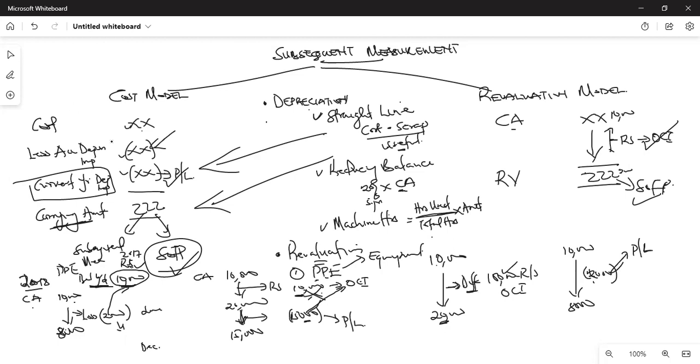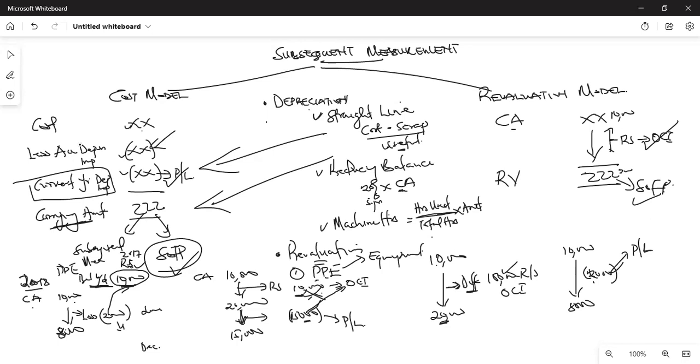In a situation where, let's say, in the previous year there was a revaluation loss, which goes to the P&L, I've already said that the previous revaluation loss will already be in the P&L. It can't be in the OCI. So if that one is in the P&L, then the loss you've had this year also goes to the P&L.